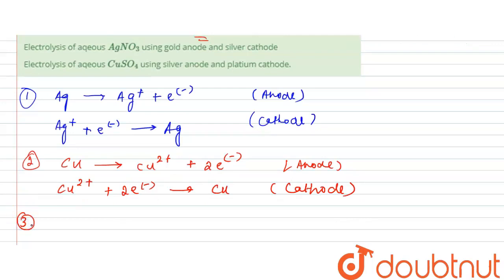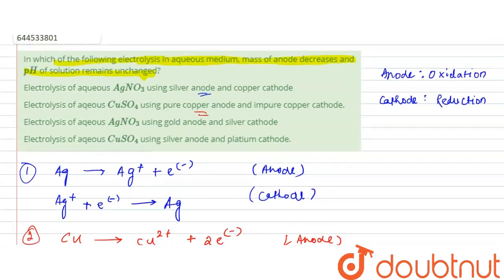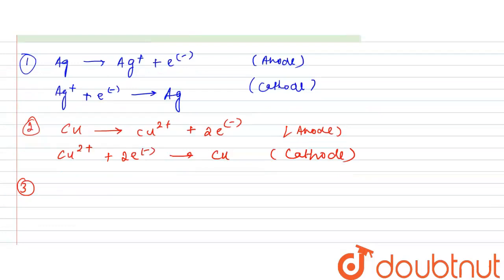Now let's see the third case. What is given to us? Electrolysis of AgNO3 using gold anode and silver cathode. First of all, gold anode is an inert electrode. Oxygen is evolved at the anode and the reaction is as follows.